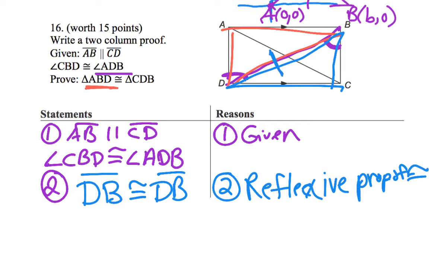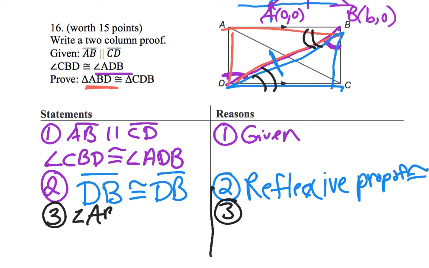And then I know that the lines are parallel, so I'm going to go alternate interior angles. And I'm going to say that these two angles are congruent. And I kind of knew that because when I looked at the picture, I had two parts. And I know I'm going to go to the triangles, so I need to go those opposite angles. So angle ABD is congruent to angle CDB, and that's by alternate interior angles are congruent.